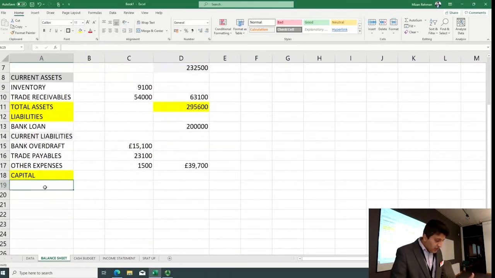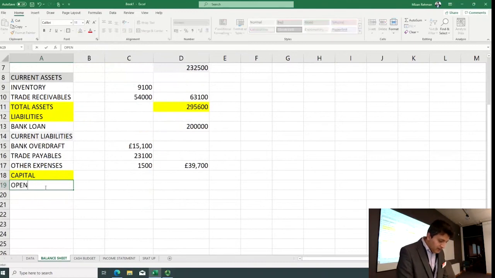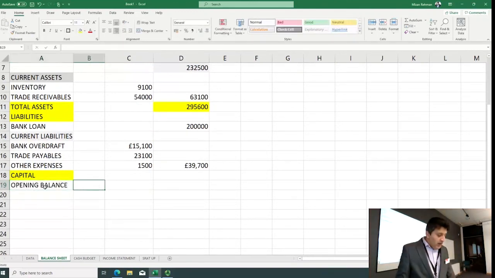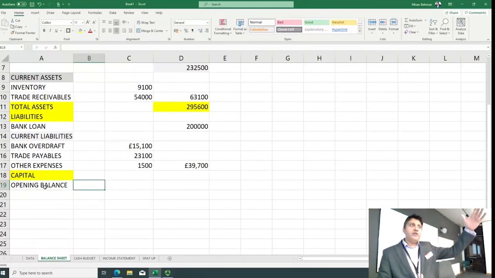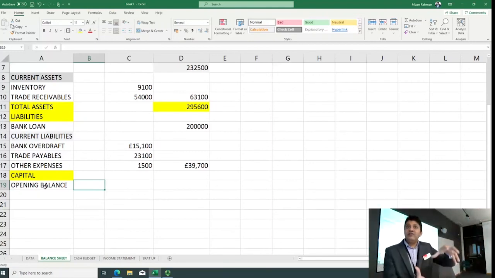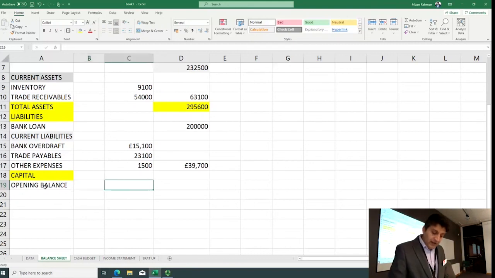All right, so our starting capital, opening balance. Now this is the bit which you would see only in the statement of changes in equity. Our opening balance, our profit for the year, our dividend, and our closing balance. In this case, it's being done here. So our opening balance was 50,000. Yeah.